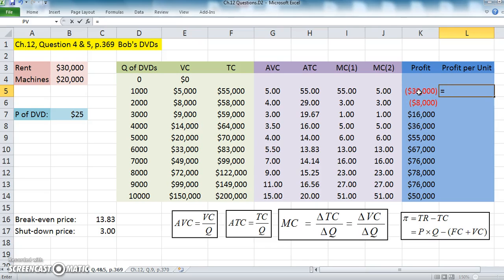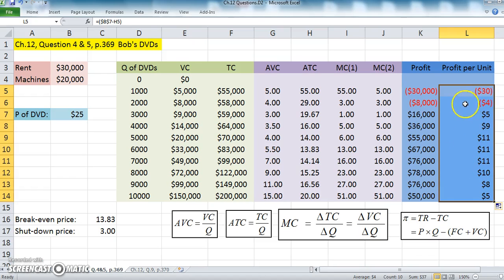Actually, there's several ways of doing this. I can take profit and divide it by quantity. And that would give me the average profit, or profit per unit. But the way we learned it was actually just P minus the ATC, which should be the same calculation, same value. But again, I want to keep on using the price, so I'm going to use B7, $ sign B, $ sign 7, all the way down, and that gives me profit per unit.